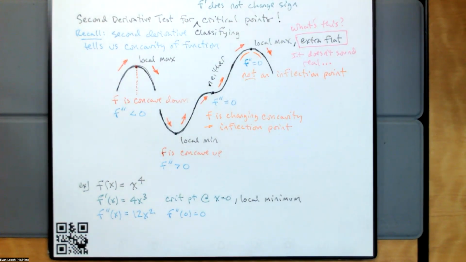But we notice that the second derivative is 12x squared. So when x is negative, the second derivative is positive, so it's concave up. When x is positive, the second derivative is positive, so it's still concave up. So no matter what x is, as long as x is not 0, we get concave up. And we knew that just thinking about the graph. It is not an inflection point at 0 because we're not changing concavity.